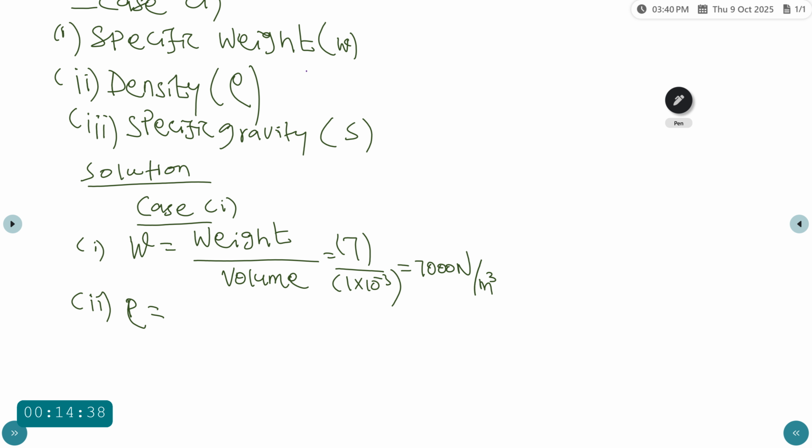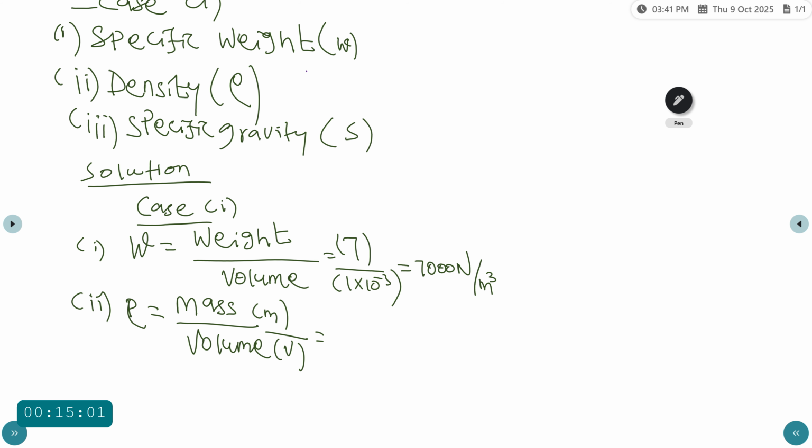Rho is nothing but mass by volume. Mass is m. Volume is already available as 1 into 10 power minus 3, but mass is not given in the data.